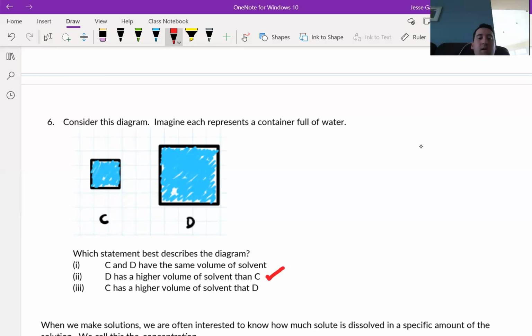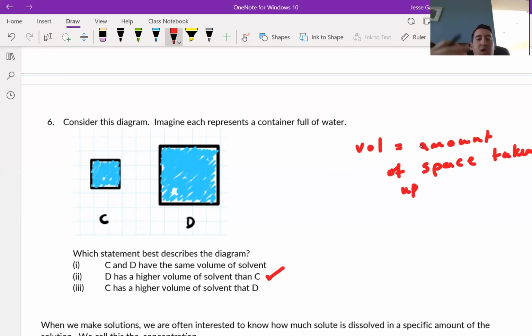Okay, so remember when we're talking about volume, we're talking about the amount of space taken up. And when we're talking about volumes in solutions, we're usually talking about the volume of the solution.